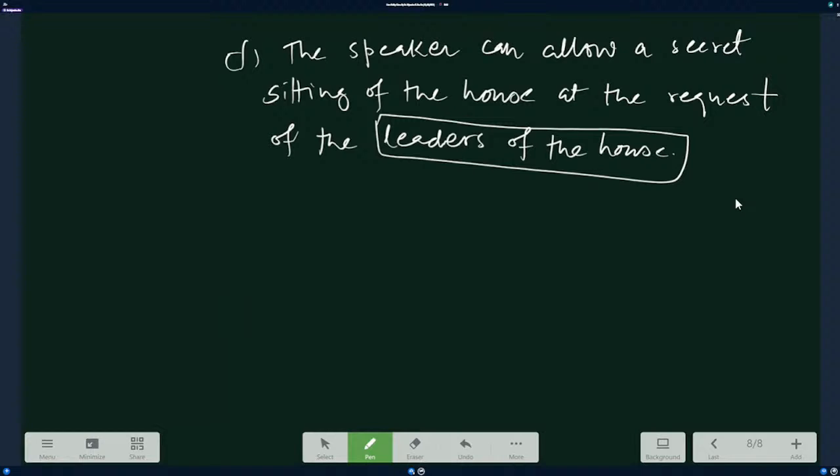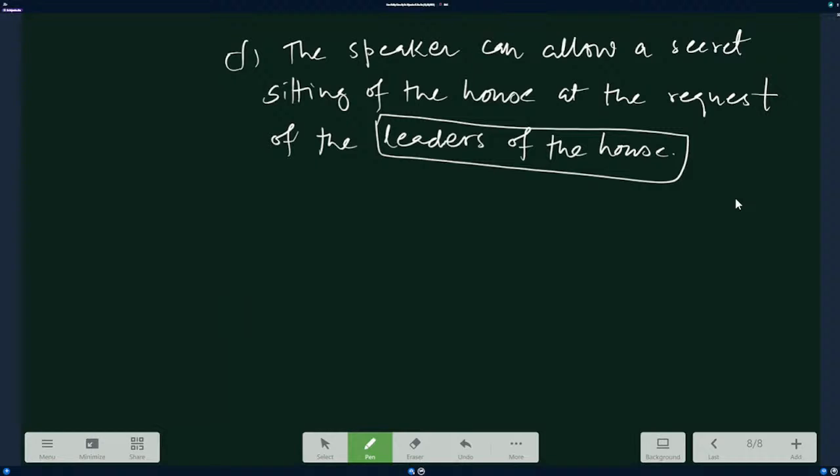But if he is not a member of the Lok Sabha, then any minister appointed by the Prime Minister is the leader of the house. Got the idea? Always the PM, only if he is a member of the Lok Sabha. For example, Narendra Modi is the leader of the house, and he is also a member of the Lok Sabha. Naturally, he is the leader of the house.